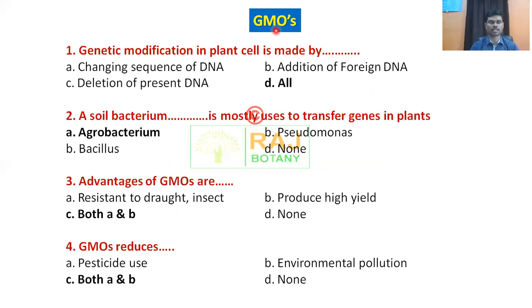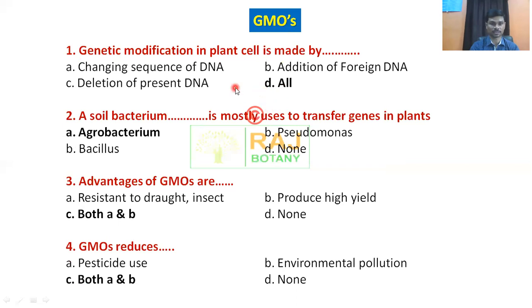Genetically modified organisms may be plant, may be animal. Genetic modification in plants is made by which method? Genetic modification in plants can be achieved by: A, changing the sequence of DNA; B, addition of foreign DNA; C, deletion of present DNA.